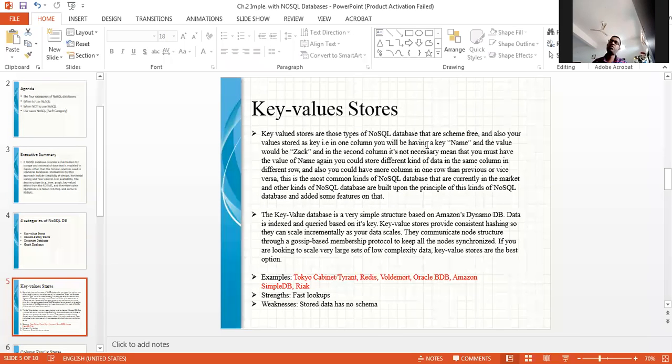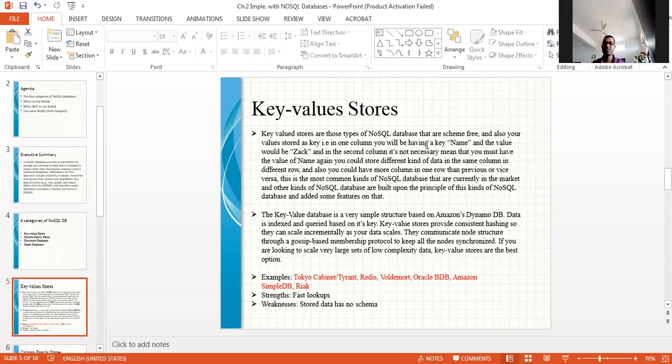So key value store can scale incrementally as your data grows. Means what? They communicate node structure through a gossip based membership protocol to keep all nodes synchronized. Gossip means what? Are you listening to this word? Gossip. In Marathi, what is meant by gossip?